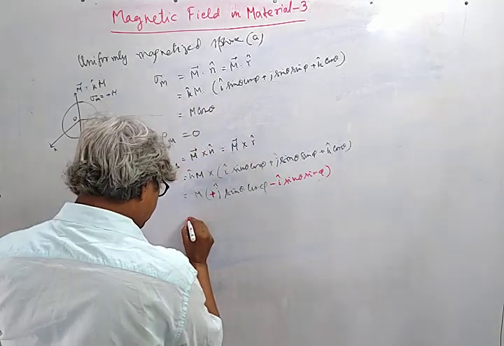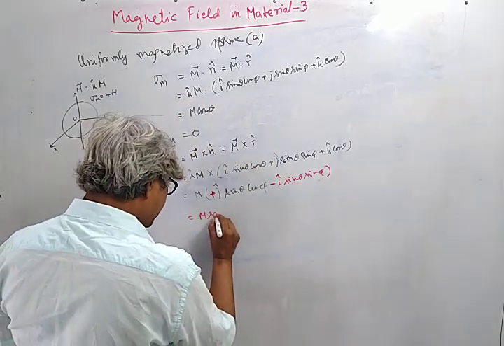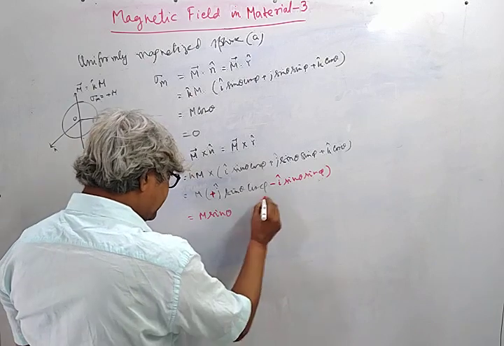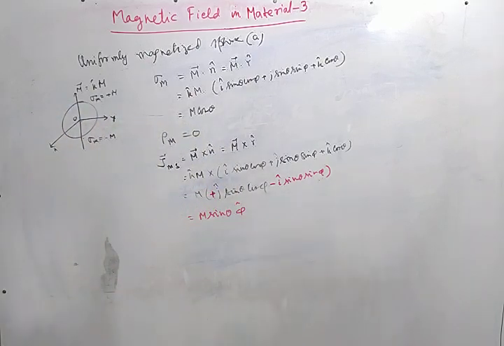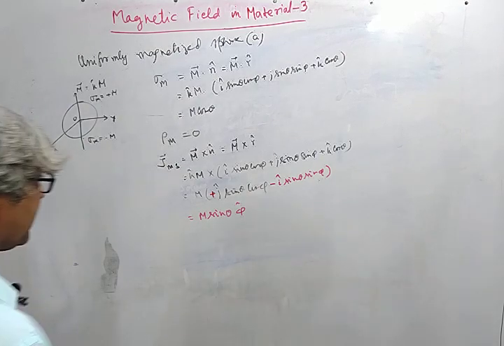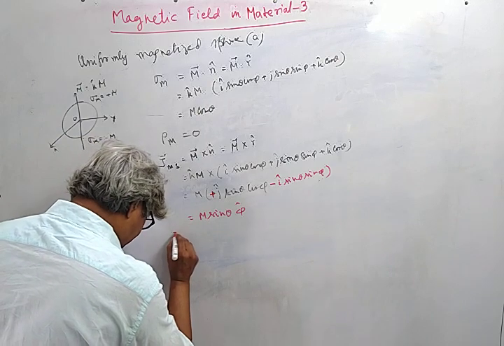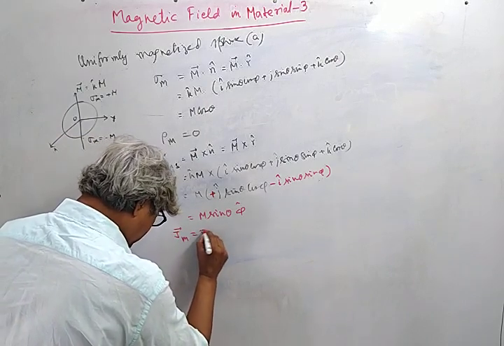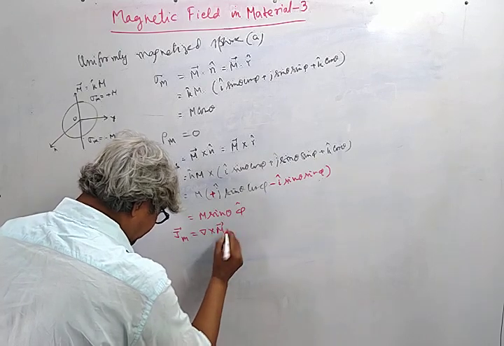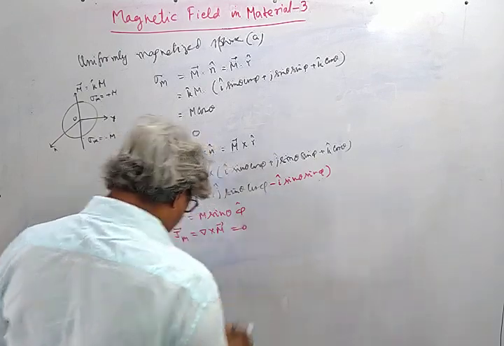If we take M sin theta common, the rest term is phi cap. So this is the surface current density, and again the volume current density is curl of M. Since M is a constant, it is a null vector.